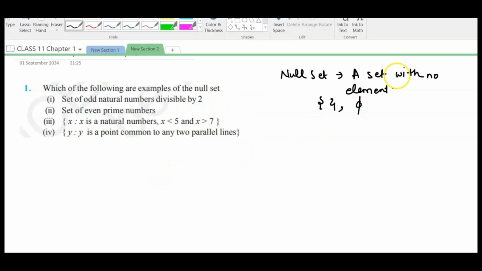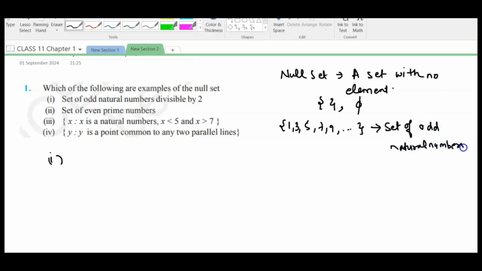Okay, so let's see the first example. First example is set of odd natural numbers divisible by 2. So what are odd natural numbers? They are 1, 3, 5, 7, 9 and so on. So this is the set of odd natural numbers.